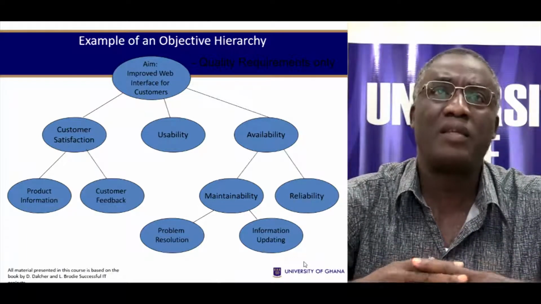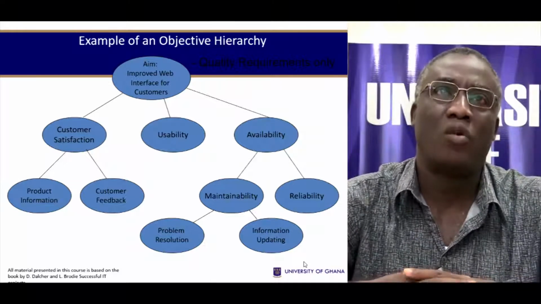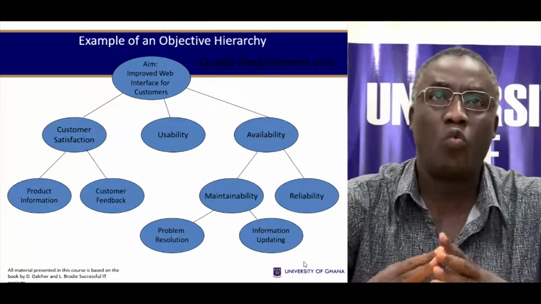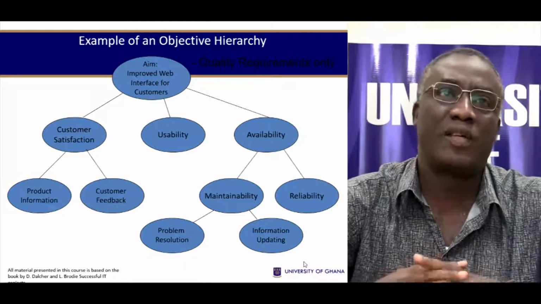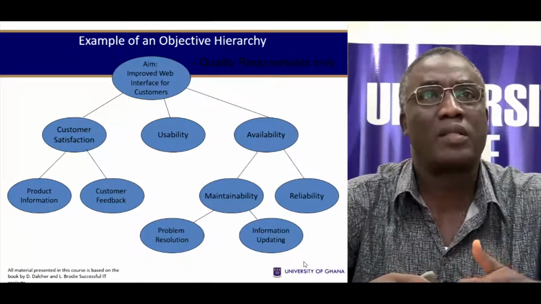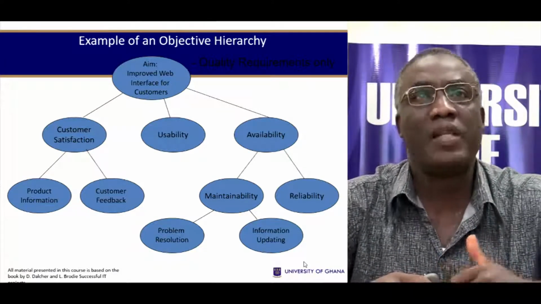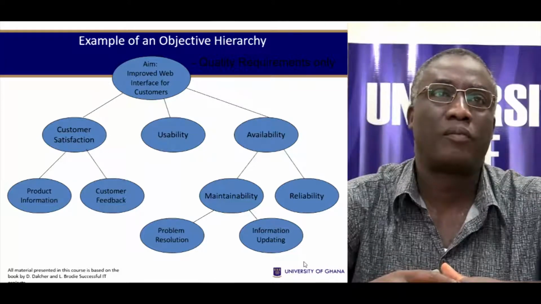So there are three supporting objectives for this aim. Your aim, remember, is to improve the web interface for customers. So you can achieve this by improving customer satisfaction, usability, and availability of the web interface.